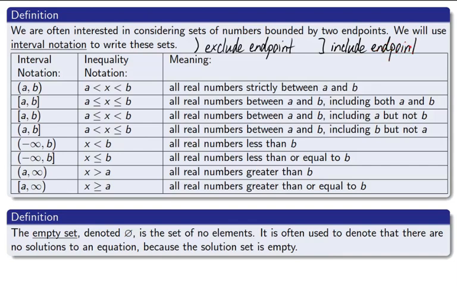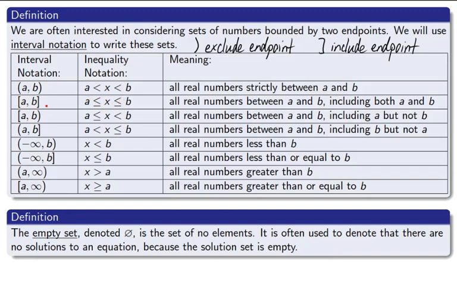So, just to look at the examples, this first one has parentheses on both sides. That means that you can have all the numbers between A and B, but not A and B itself. To use the terminology I just brought up on the last slide, these numbers are strictly between A and B, so they can't be A or B. The next example has brackets on both, which you'll notice corresponds to the less than or equal to.